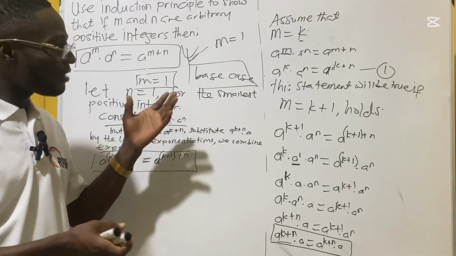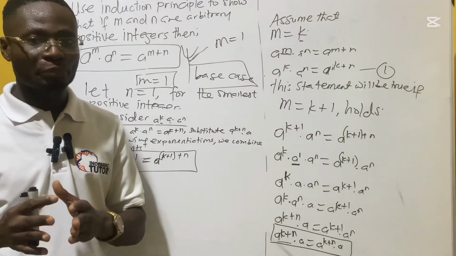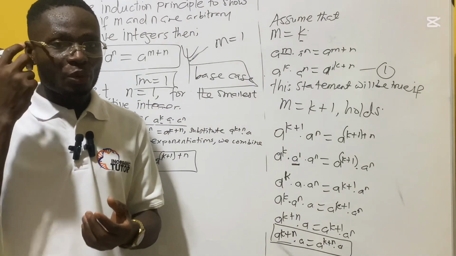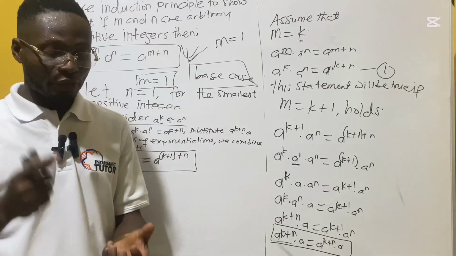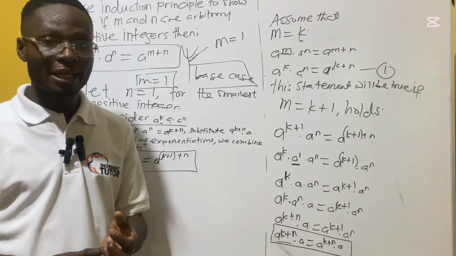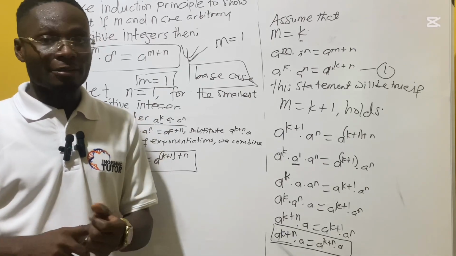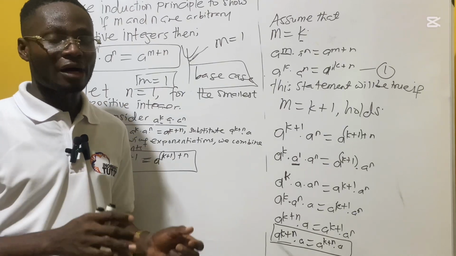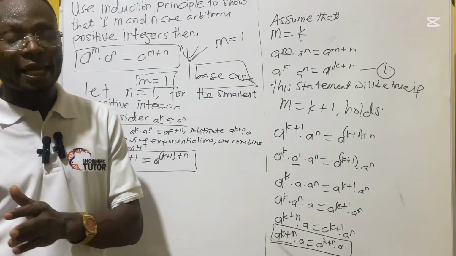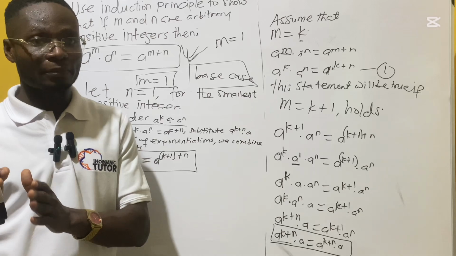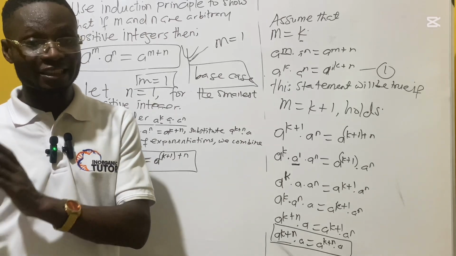So when you have a mathematical induction problem, just put in your mind that you have two steps involved: the base case, and the induction step where you set up your hypothesis. You consider m is equal to 1, or whatever variable you have, an arbitrary positive integer.